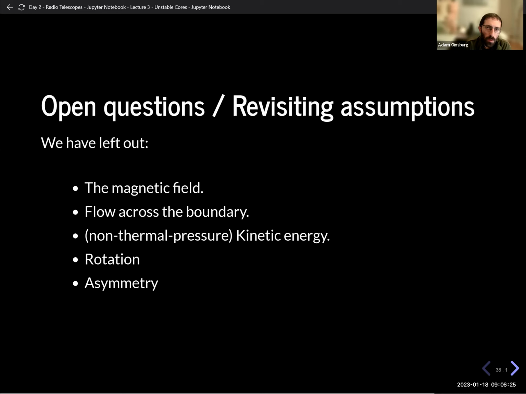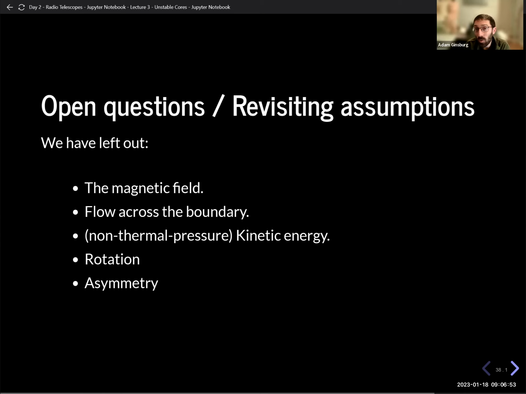So I want to highlight some assumptions that we had to make along here and some things that we left as open questions. One is that we said the magnetic field was 0. Next is that we assume that there's no flow across the boundary, which means there's not additional material being poured in. We assume that there is kinetic energy pushing outward that is not caused by thermal pressure alone.